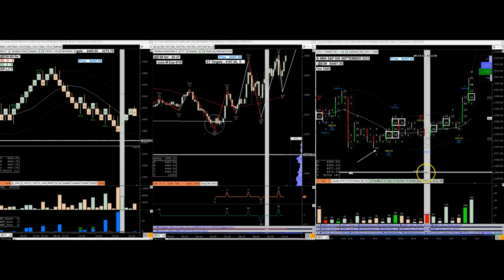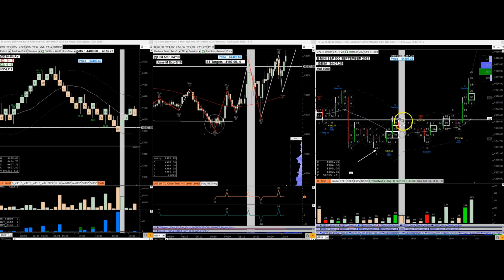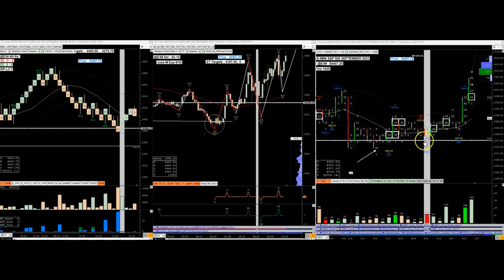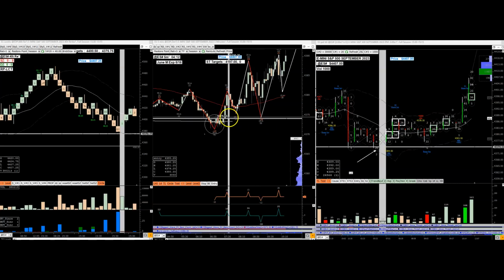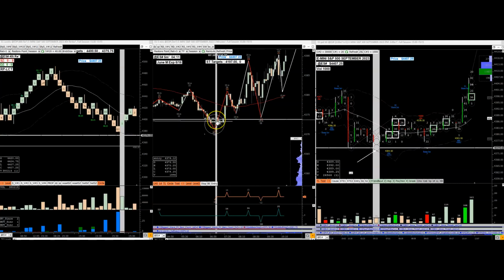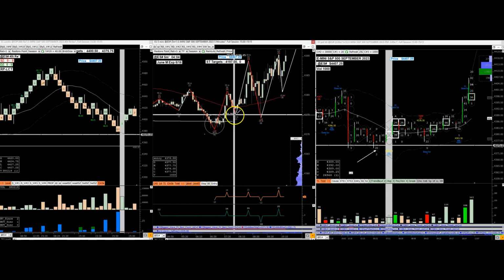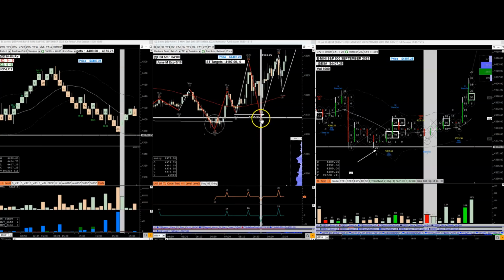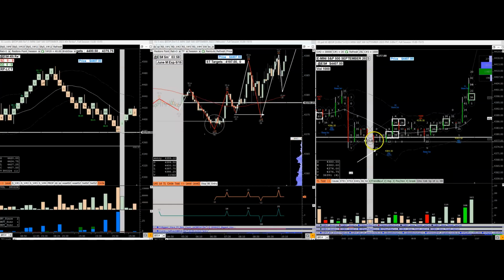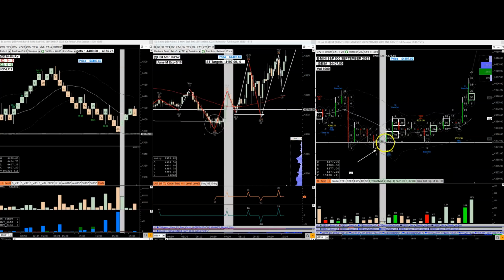Okay, now it meets some selling resistance over here, and it takes it all the way down. When it goes down, it hits this accumulation area and springs it. Okay. Now here's the thing.